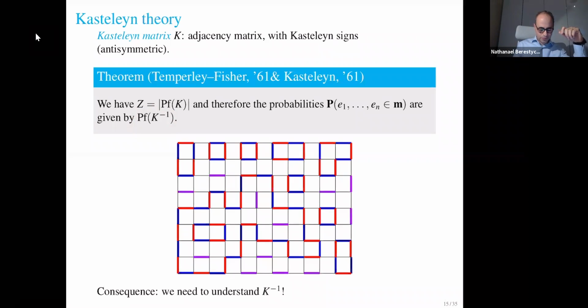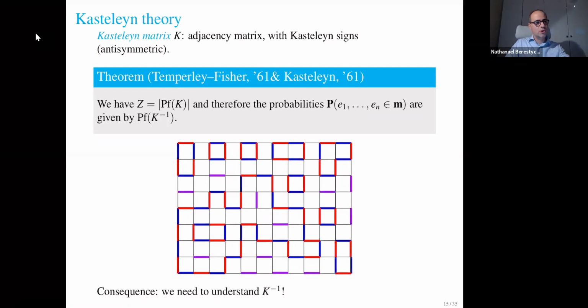And so if you're given this fact that the total number of dimer configurations is given by the Pfaffian of the matrix K, the fact that the correlations are given by the Pfaffian of K inverse is an elementary thing in linear algebra.